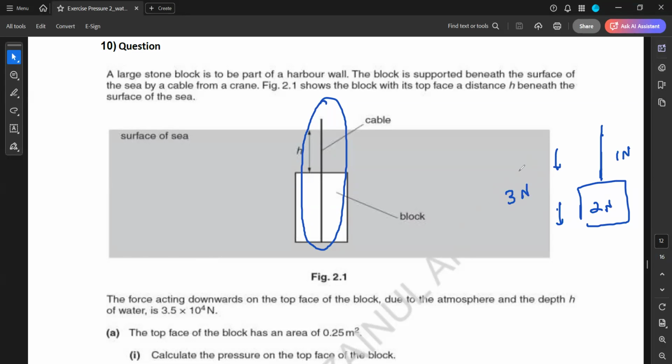So the total downward force is 2 newtons plus 1 newton, which is 3 newtons. So the minimum force I have to apply to lift this object is 3 newtons. We did not include the weight of the string or the wire or the cable, that's why the force will be different. Another thing, there's an upthrust force by the liquid that makes it easy to lift an object. Is it clear? Yes, clear.